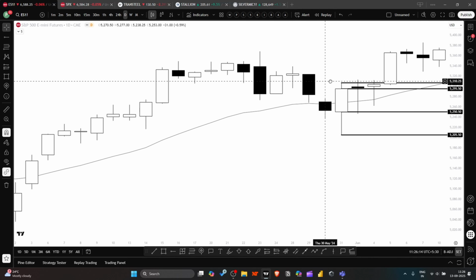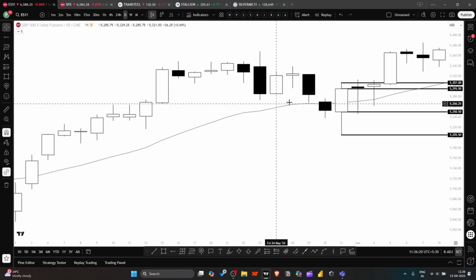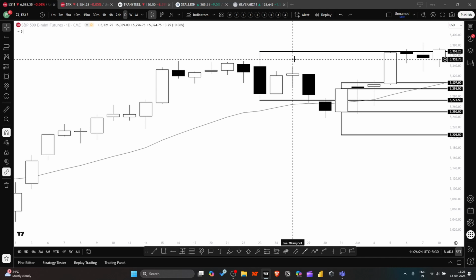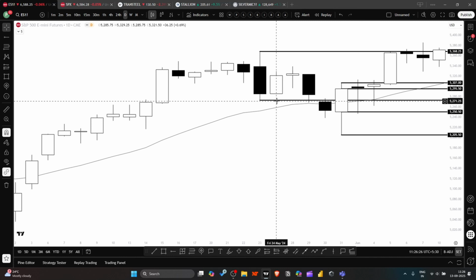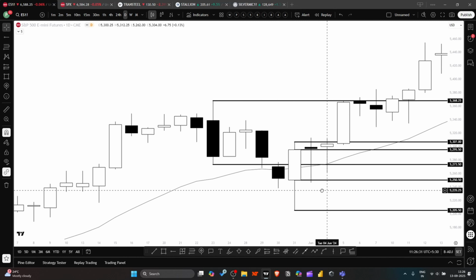Here also, this was the highest price and this was the lowest price which the market experienced during that day. If I have to mark it, this was the highest price, this is the lowest price. This was the open, this is the close.